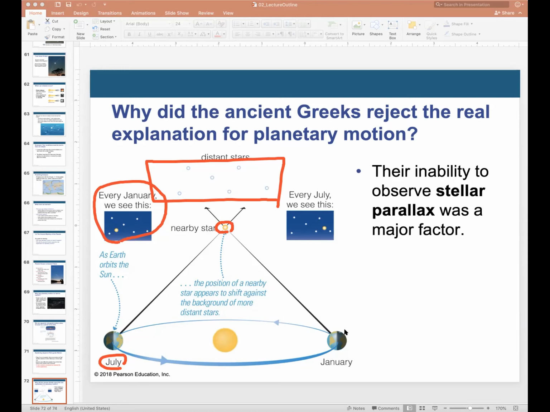They did not have the technology. Because of the lack of a stellar parallax, they thought, okay, we don't see a stellar parallax, so thus we are the center of the universe. Okay? So that was the reason that they rejected the true explanation of the sun being at the center.